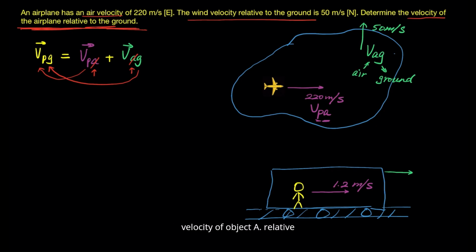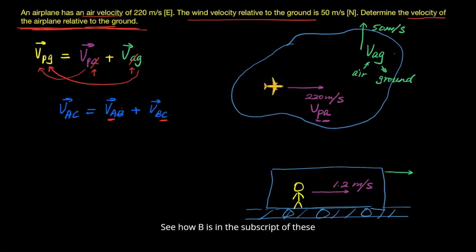If you know the velocity of object A relative to object B, VAB, and you also know the velocity of B relative to a third object, C, VBC, then you can always find the velocity of A relative to C. So you can get VAC by adding these two vectors together.